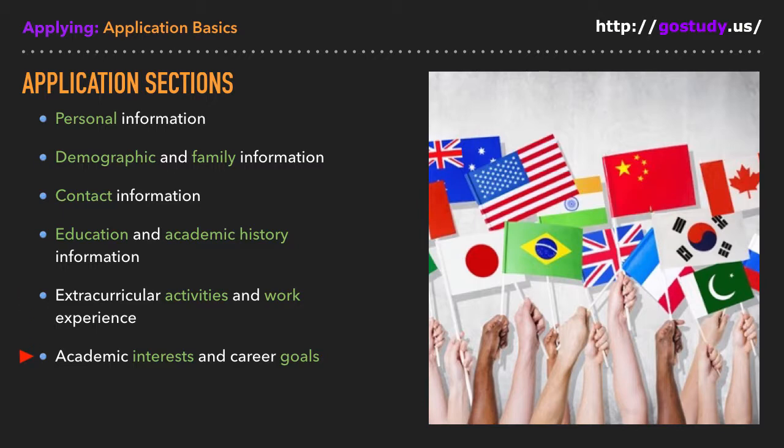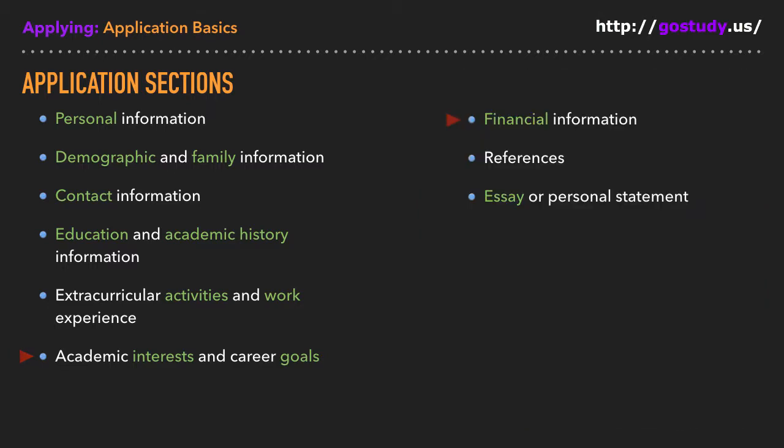Your academic interests and career goals. Financial information, to include proof that you have enough money to cover the full costs for 1 year of study. Name and contact information for 2 or more people who will serve as character references for you. And 1 or more essays or personal statements.